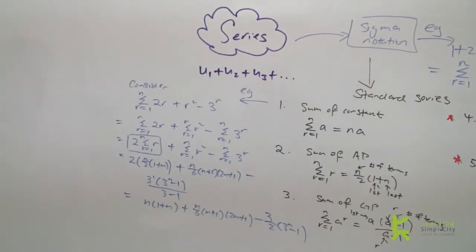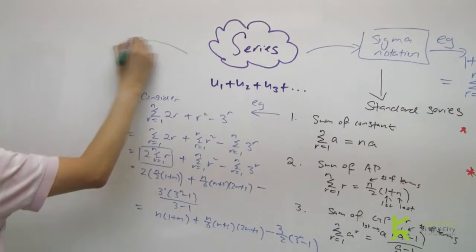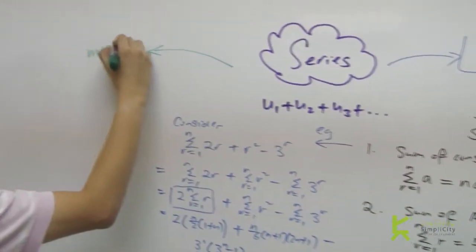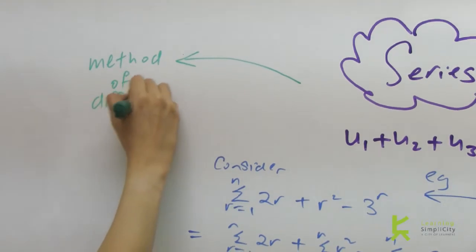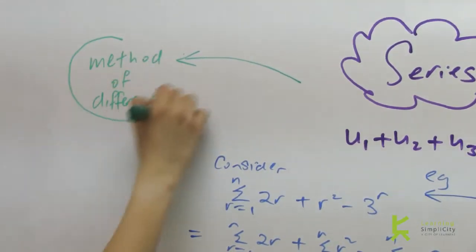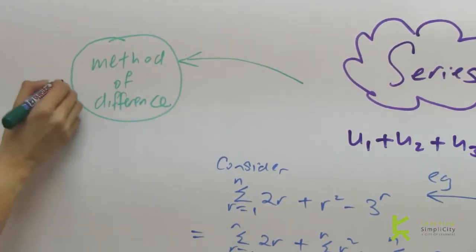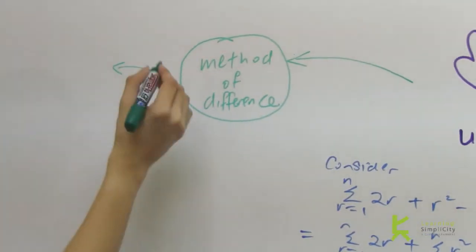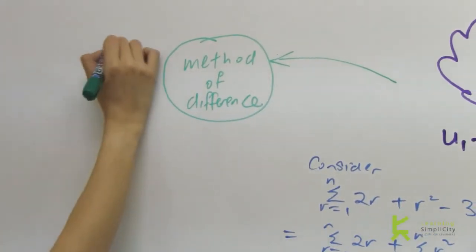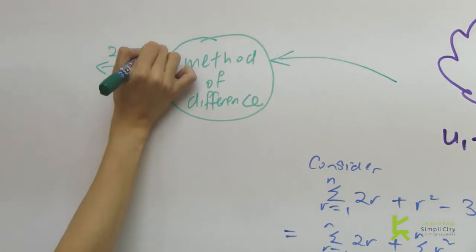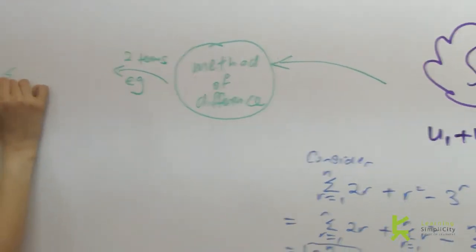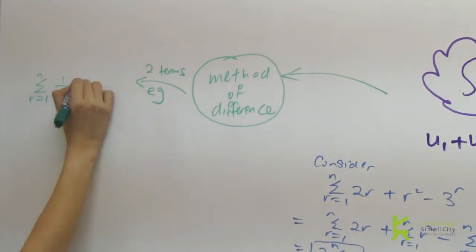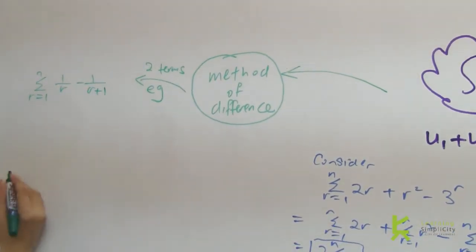If a problem doesn't consist of the standard series, we have to use the method of difference. Then let's consider a sum whereby involve the method of difference for two terms. Consider summation r is 1 to n, 1 over r minus 1 over r plus 1.